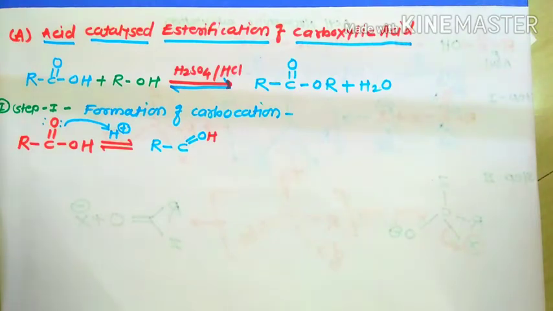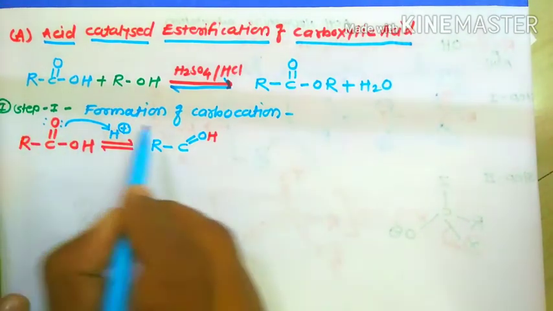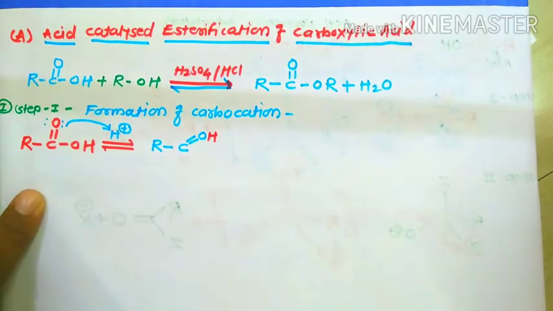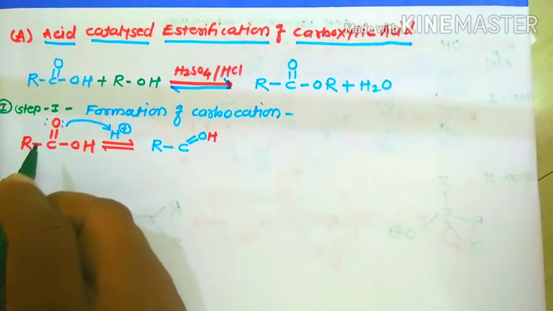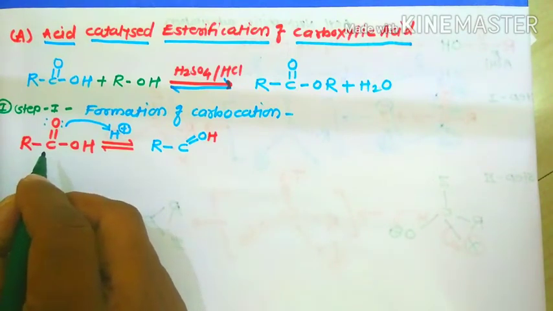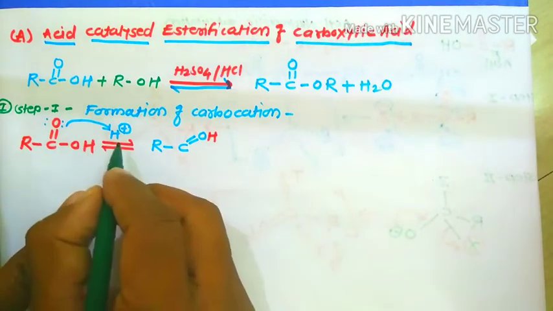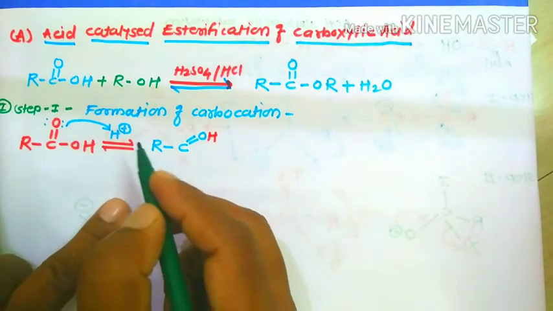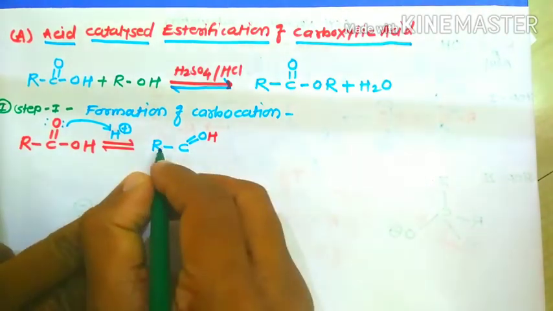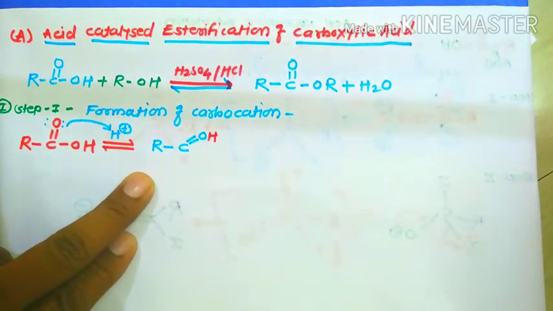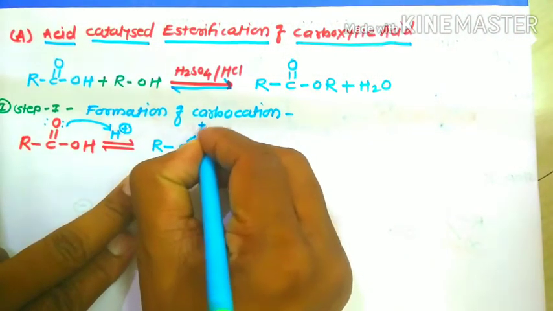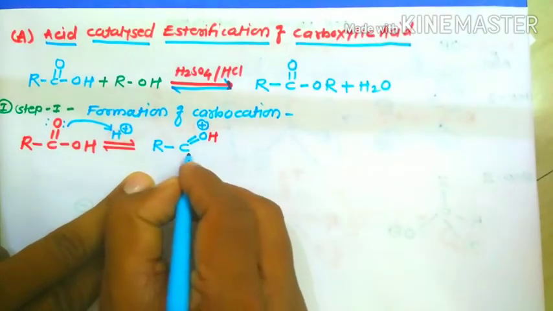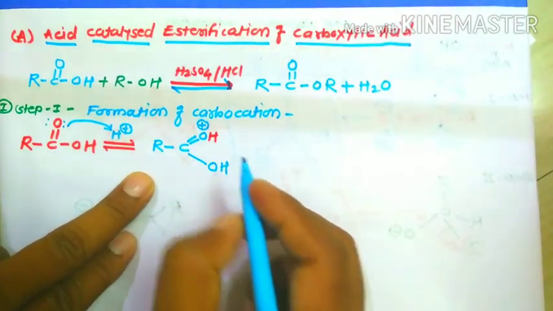The step first, formation of carbocation. In this, the carboxylic acid RC double bond OH reacts in presence of acid, that is H plus, a proton, to form R C double bond OH, where oxygen contains positive charge, then OH.